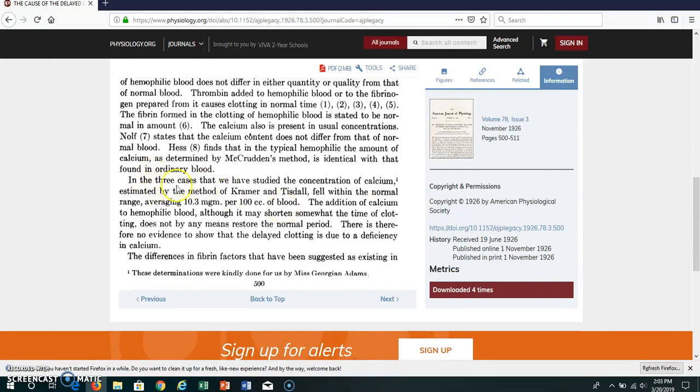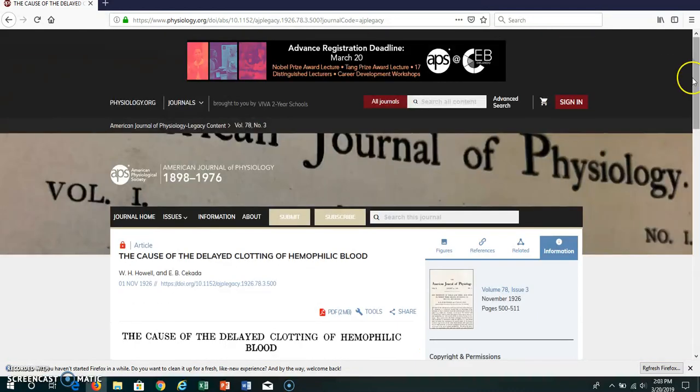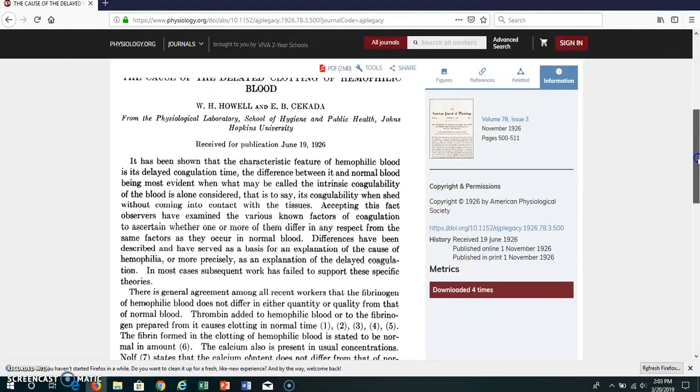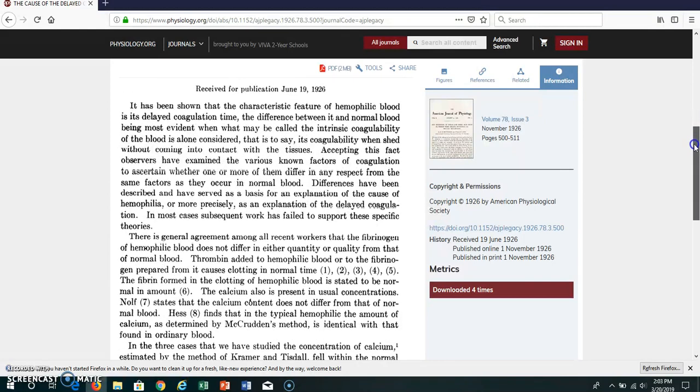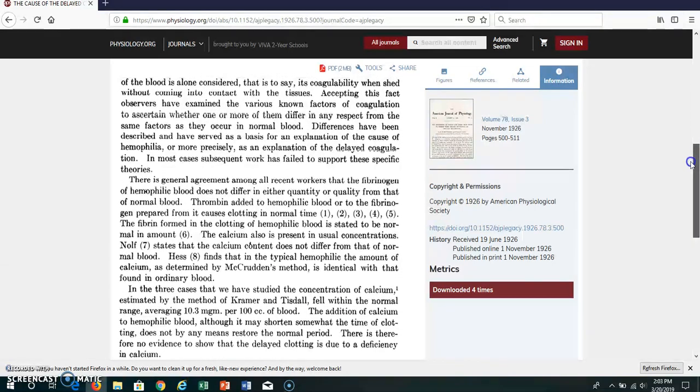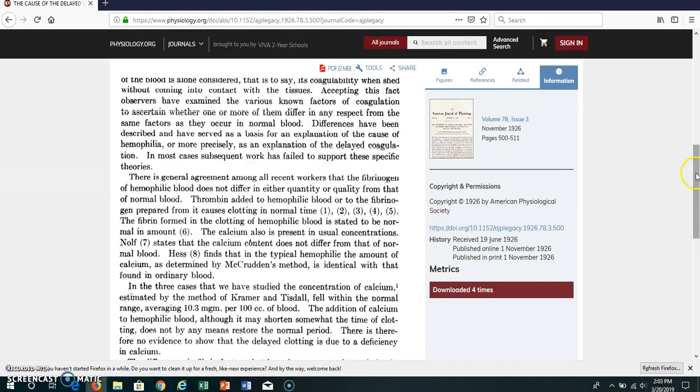So it says in the 3 cases we have studied the concentration of calcium and the addition of calcium to hemophilic blood, although it may shorten somewhat the time of clotting, does not by any means restore the normal period. So it's basically talking about blood clot and their research on trying to stop the blood clot, but not fully.